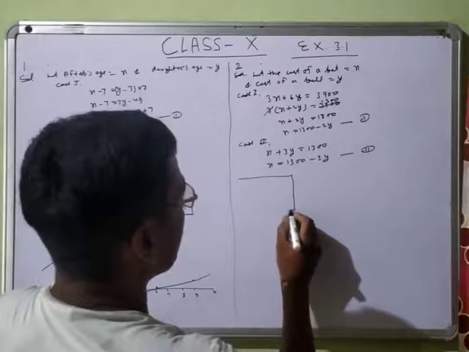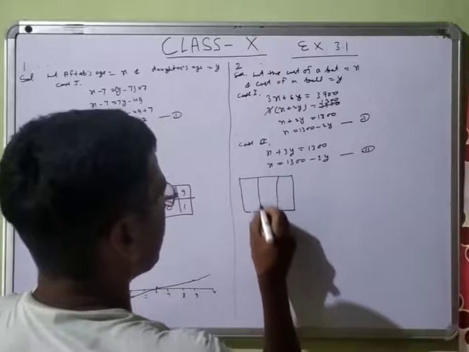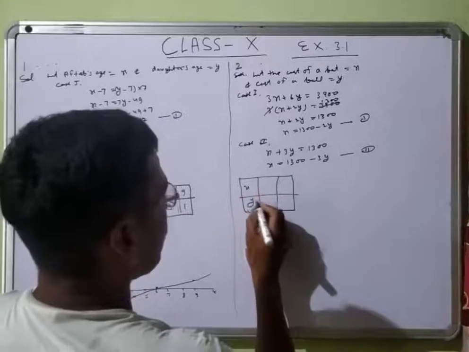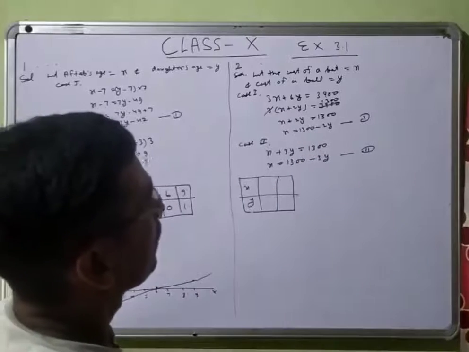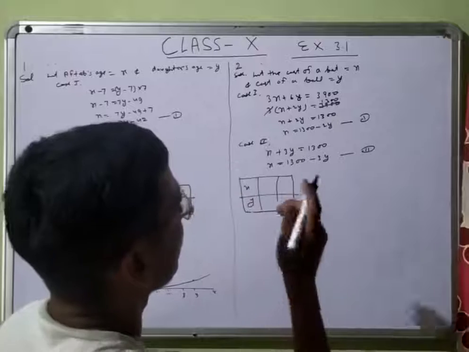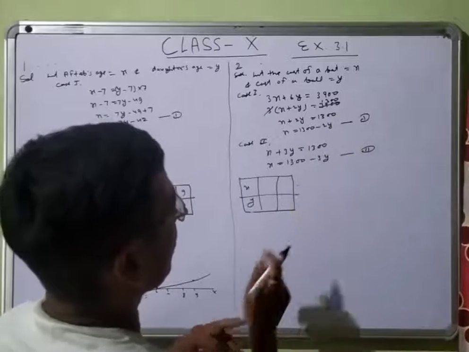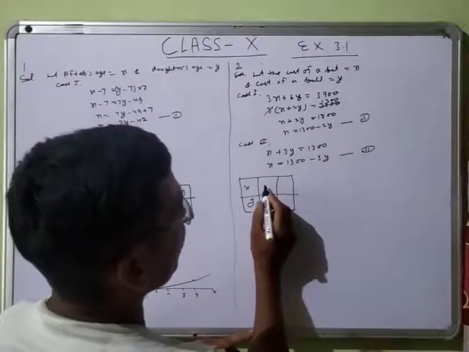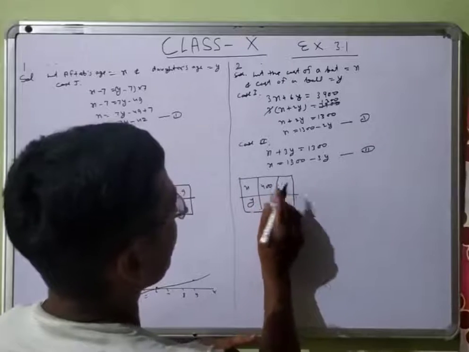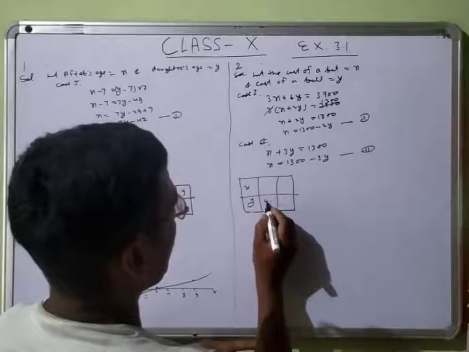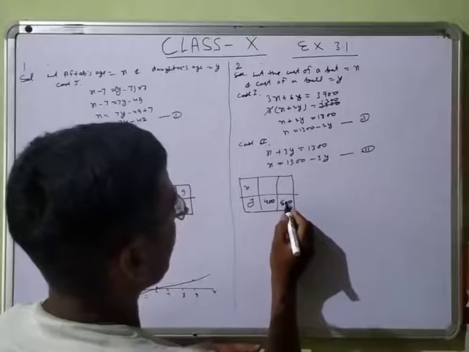Now for the first equation, x, y. The y values we can write here: 400 and 500.